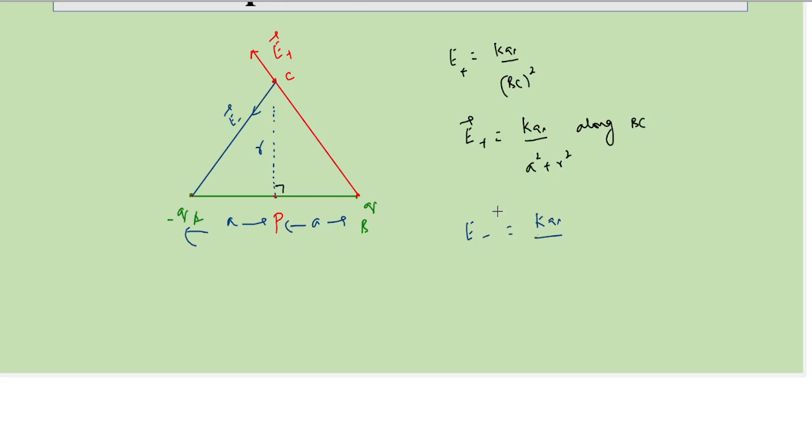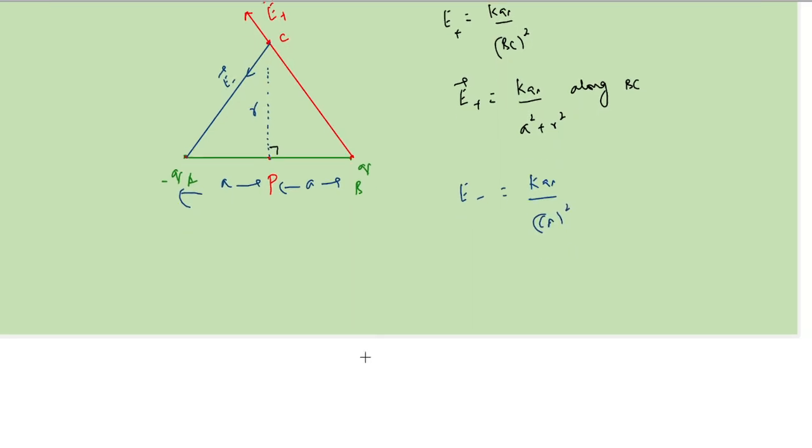Remember that in the case of electric field we just put the charge magnitude, not the polarity, because the direction takes care of polarity. So E minus is kq by CA squared, again the hypotenuse squared, which equals a squared plus r squared, and this would be along CA.